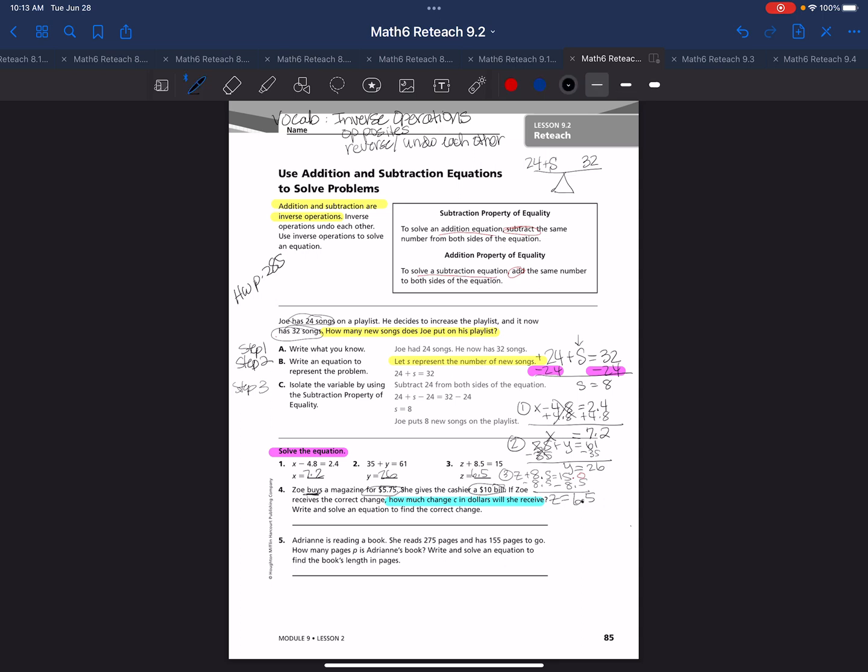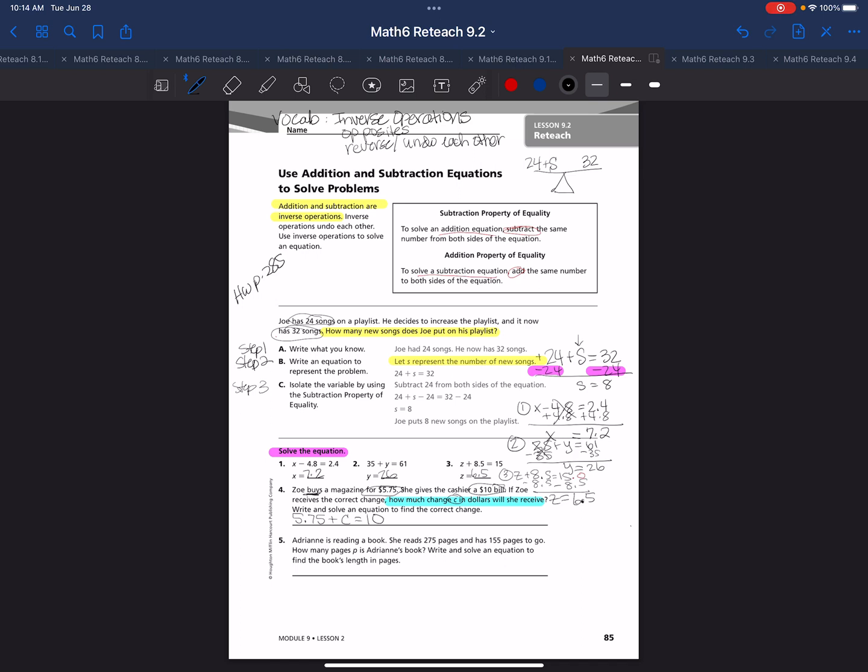So this time they gave us the variable of C, so we'll be using that in our equation. Write and solve an equation to find the correct change. So she spends $5.75, and I know if I add that to the change that she's going to get, I'm going to get $10 because that's what you're giving the cashier.